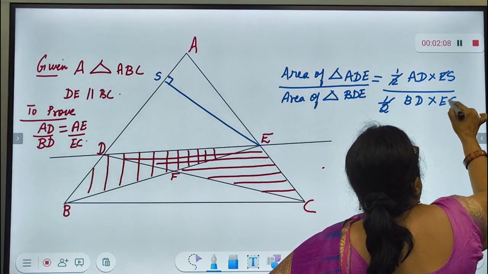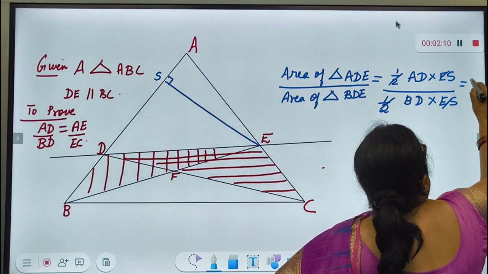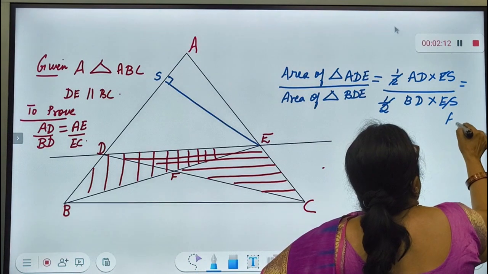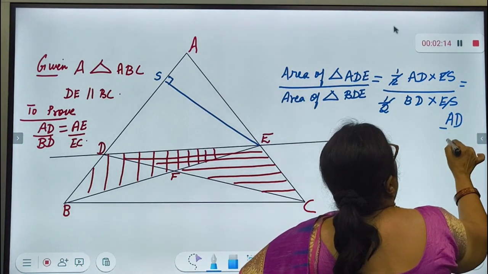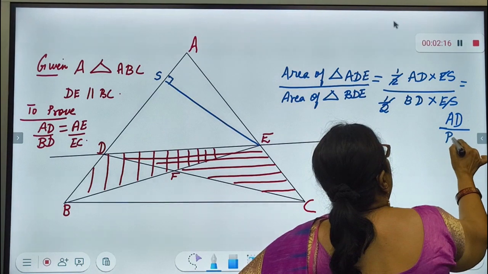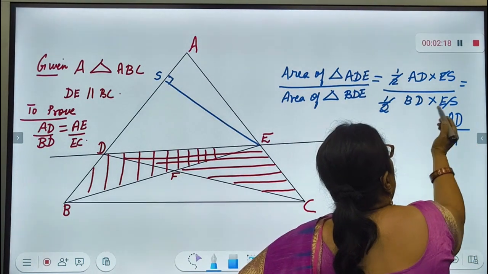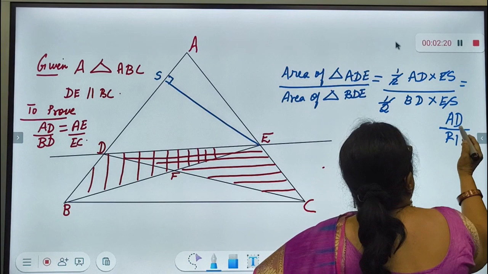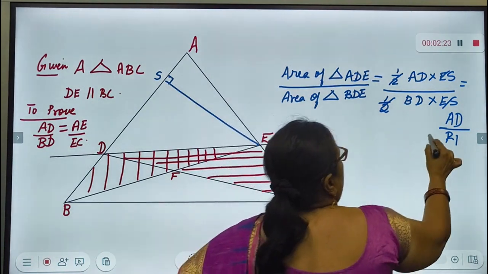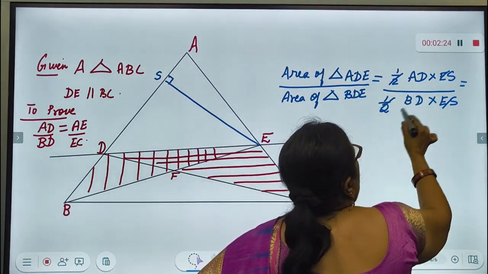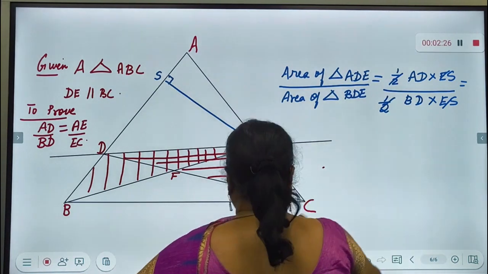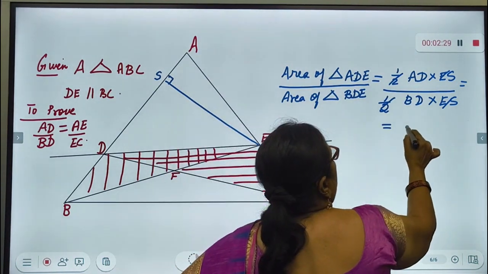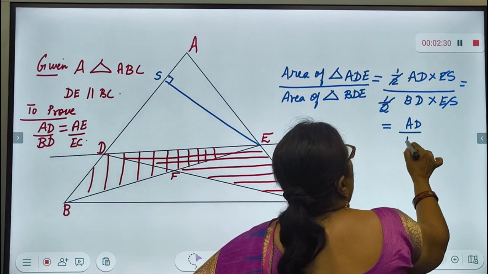So these two get cancelled, giving you AD by BD. This is AD by BD.